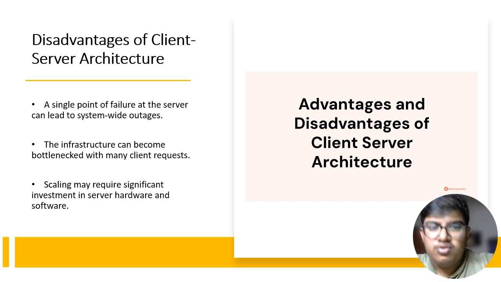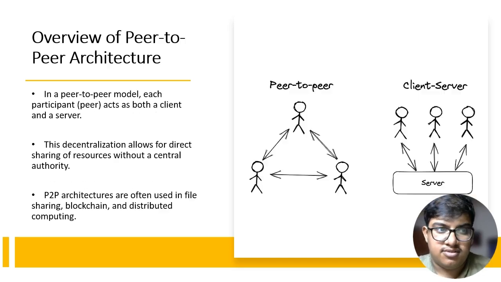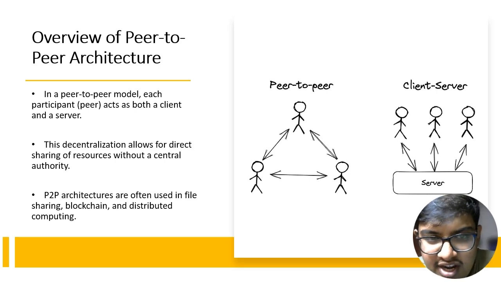So now you know the client-to-server based architecture. Now we are going to see something which is generally used these days, which is known as the peer-to-peer architecture. As you can see in the diagram, you see the difference between peer-to-peer and client-to-server. In client-to-server, you have three people connecting to a single server, whereas in peer-to-peer, you have three people connecting to each other.